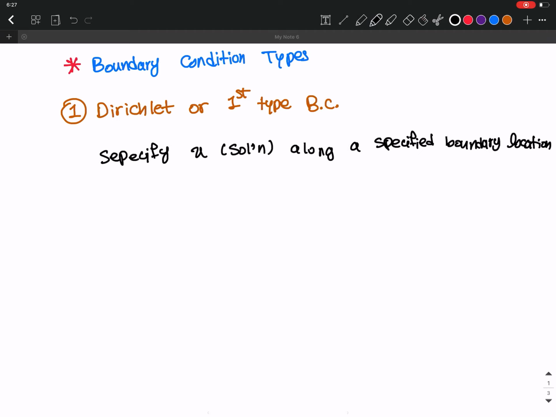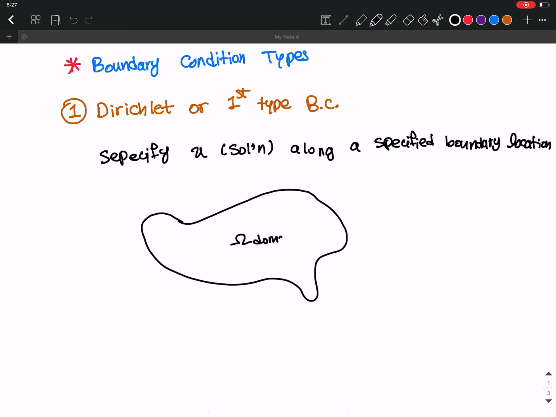For example, if you have something like this, a domain that you want to investigate, and this is your omega domain. This is the domain in which you want to solve any PDE.